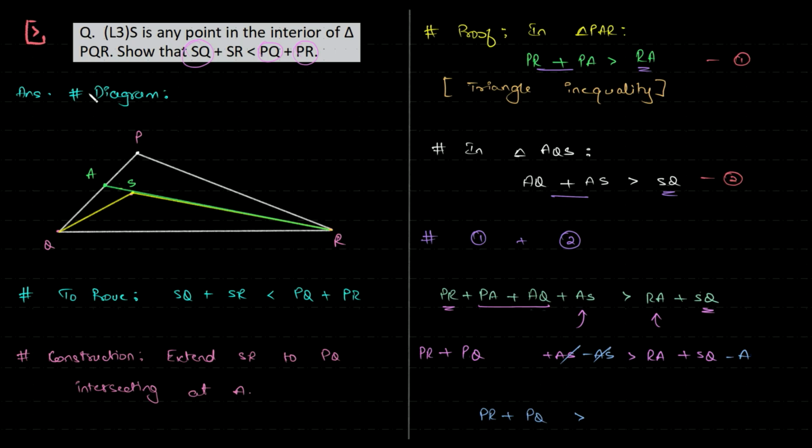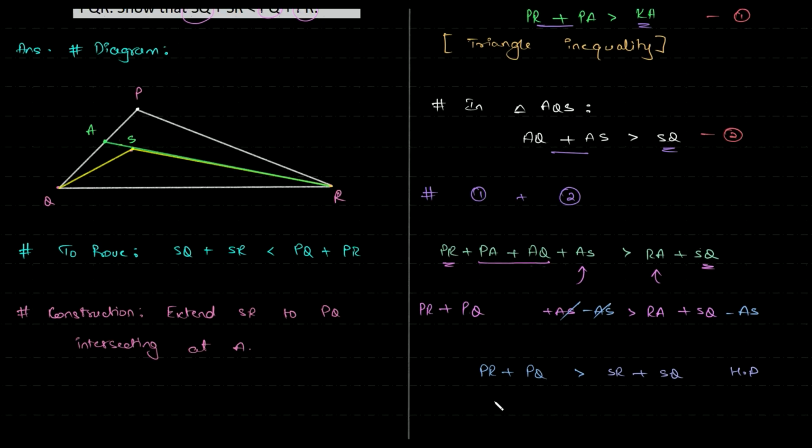What is RA minus AS? RA minus AS would be SR. Agree? So we have SR plus SQ. Hence proved. The order is different; we can swap the terms around and also swap the sign, and we have hence proved.